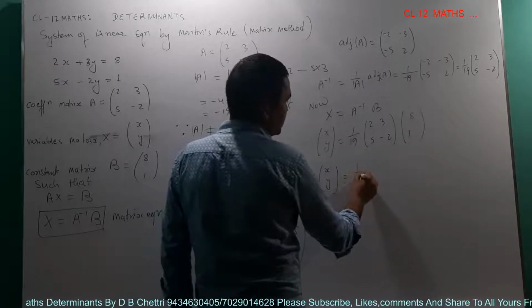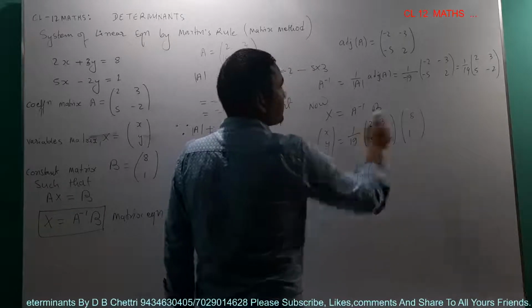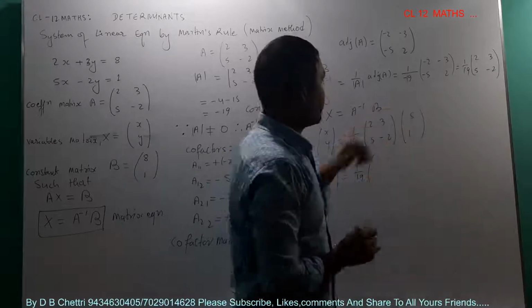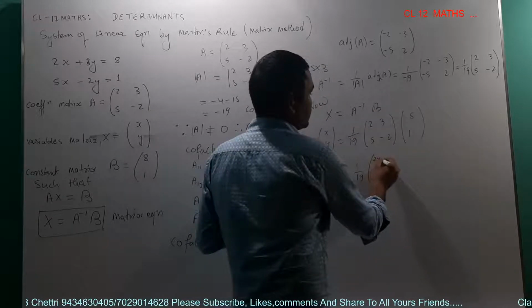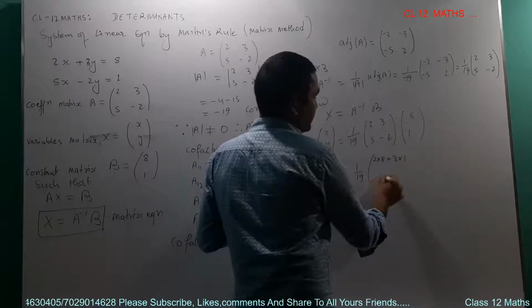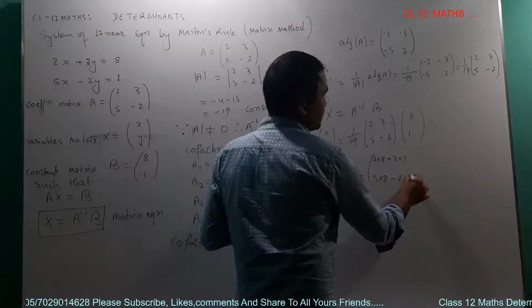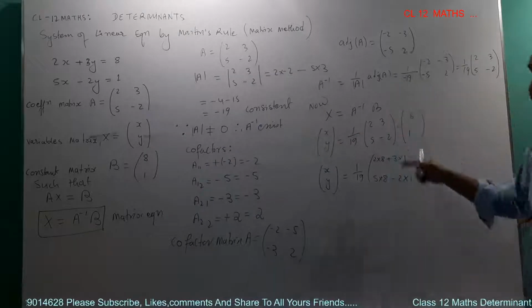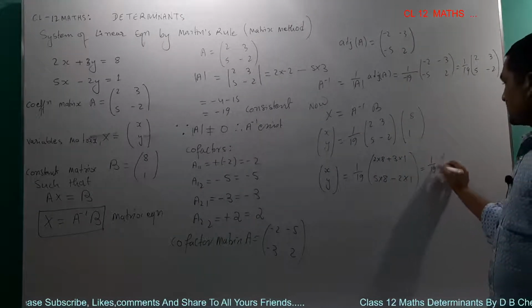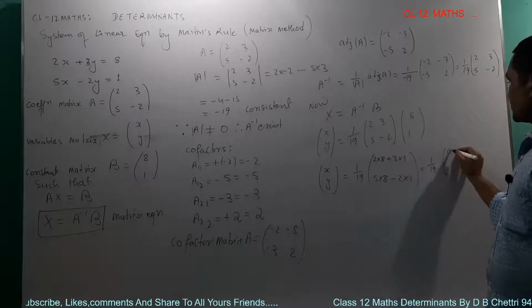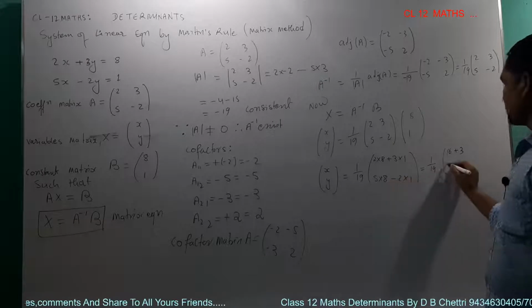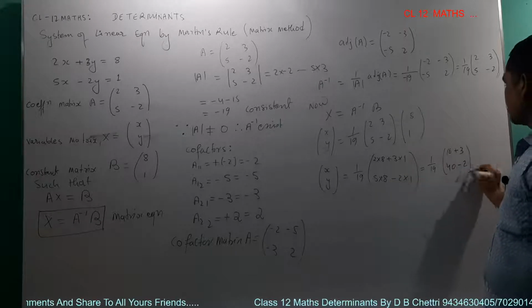Then x y equals 1 by 19. Now get the matrix product. Take row multiplied by column. That means 2 into 8 plus 3 into 1, then 5 into 8 minus 2 into 1. You know how to do matrix multiplication. Now simplify: 16 plus 3, then 5 8s are 40 minus 2.